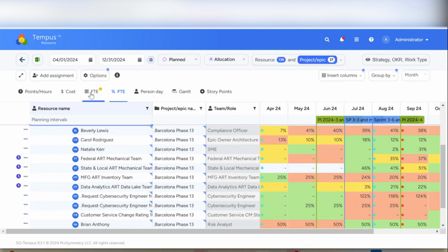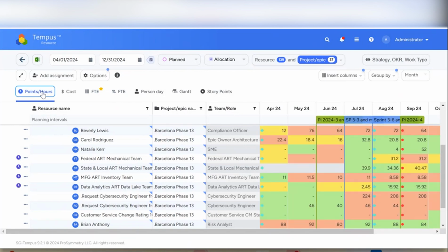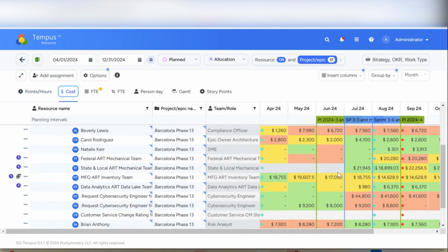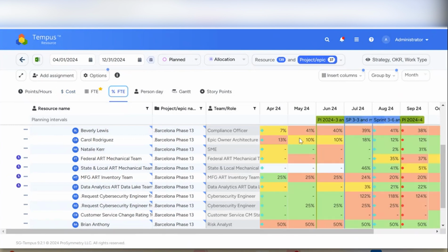We can look at this data by percentage, by FTE, by story points or hours, and costs kind of come along for the ride because teams and people have rates associated with them. A healthy question might be, Beverly Lewis, she's only on our project 41% of the time. Why is she red?